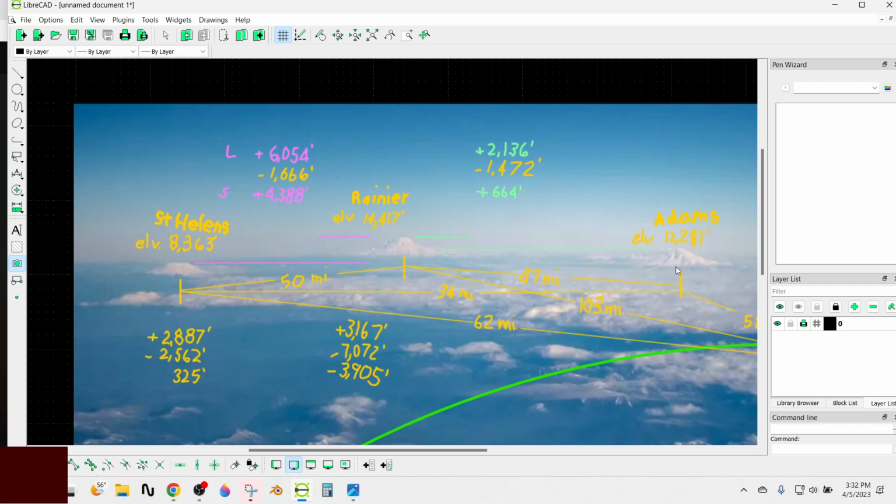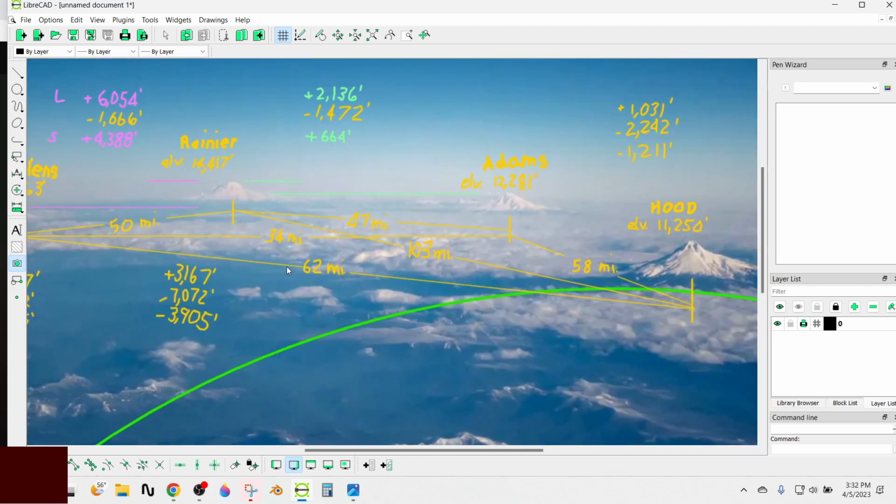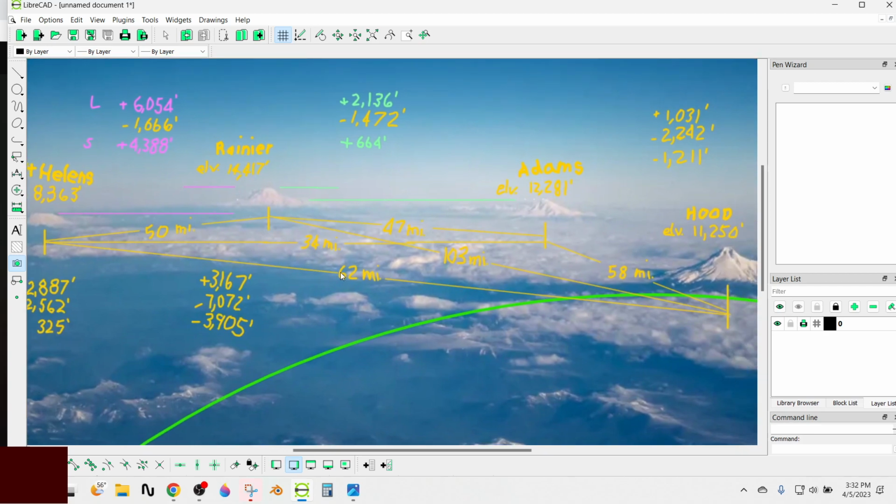Now, I also understand that Adams and Helens are both the same distance away, creating this kite pattern looking thing here. So any of you ballers care to show how Mount Adams is higher in this picture?